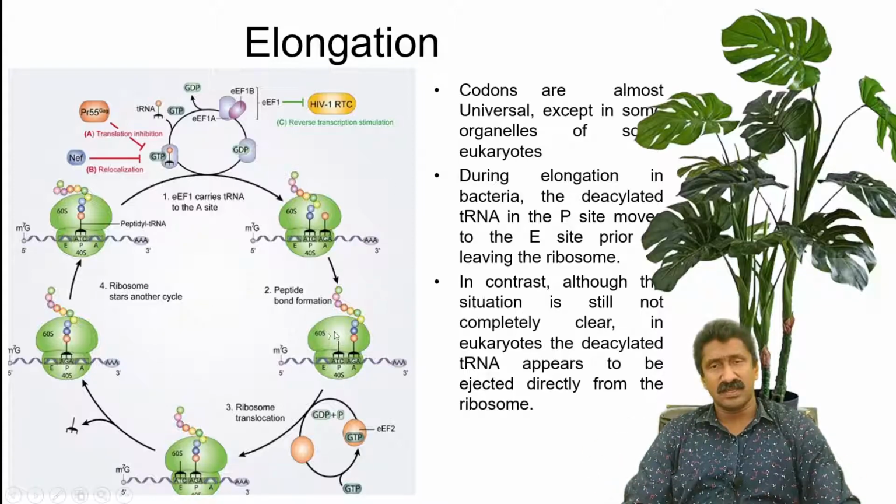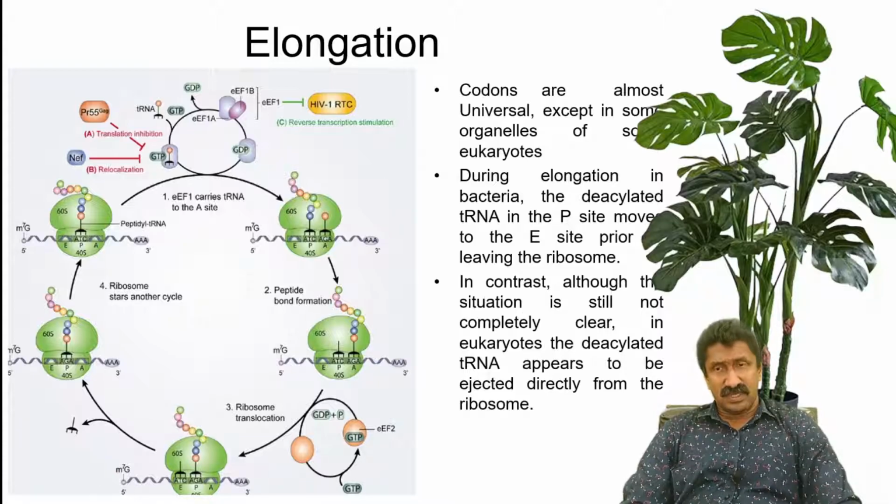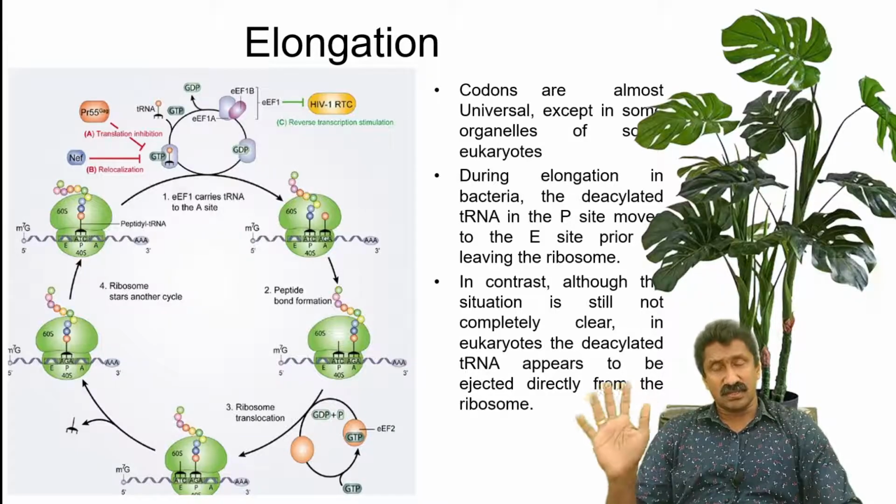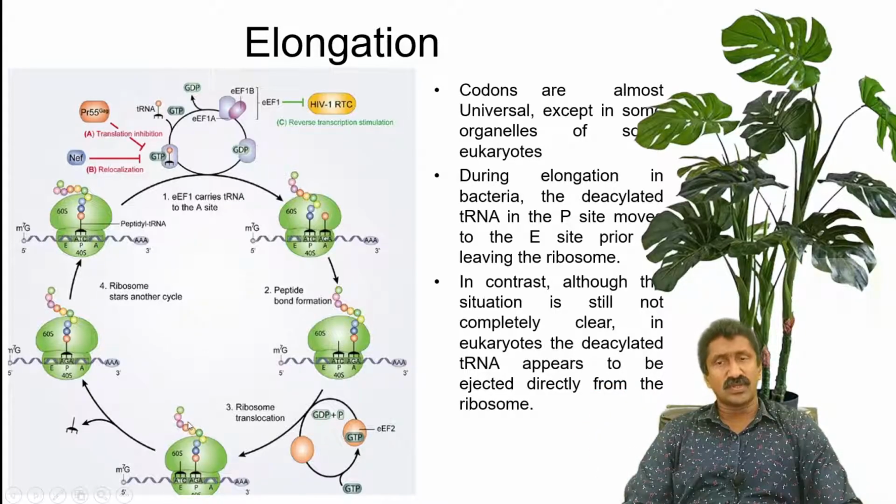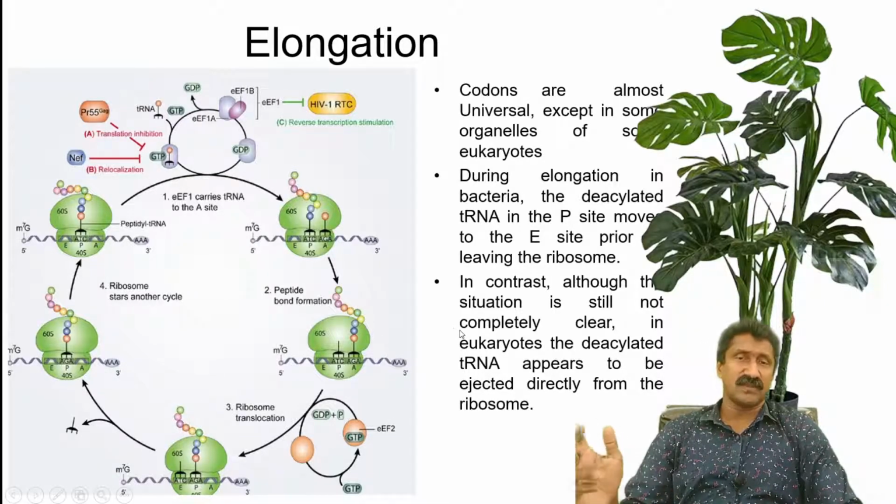For example, in this picture you can see that in the P site there is a tRNA. After the peptidyl transferase reaction there is a tRNA, and during the translocation process, normally just like the bacterial system, it is supposed to move to the E site, and then it will be expelled. But even before moving to the E site in the eukaryotic system, that tRNA may be expelled directly from the P site.